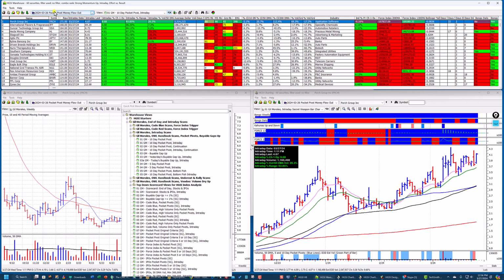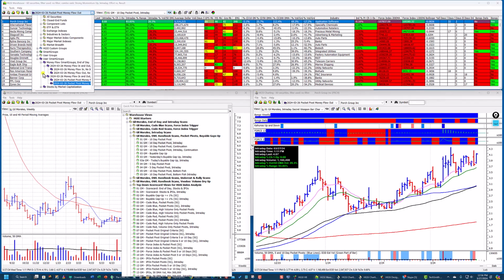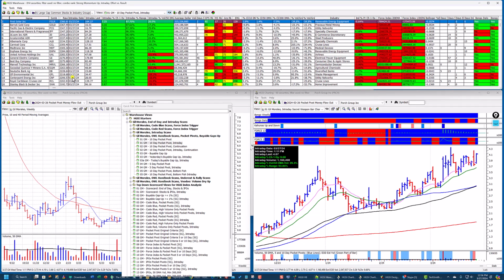Okay, I've got one more thing and then we're done. I also put these in here. A lot of you like to look at large cap, mid cap, small cap, or micro cap. These are updated every day. So these are stocks that are large cap stocks.